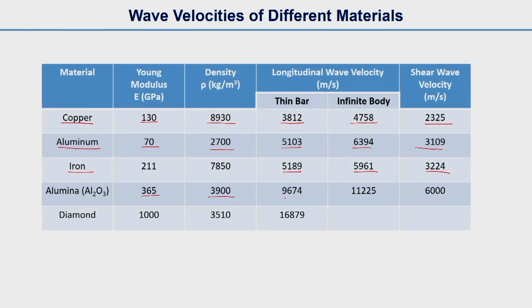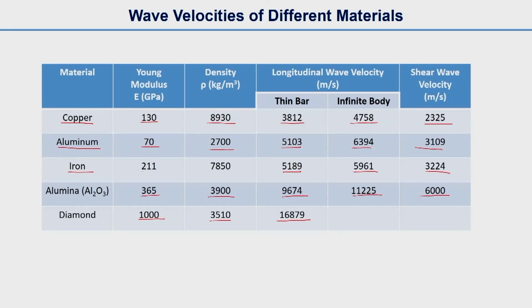This will give us a very high longitudinal and shear wave velocity, 11 kilometer per second for infinite body, and for diamond it is even higher because the Young's modulus is unusually high and density is quite low. This gives us 16.8 kilometer per second for a thin bar. The others we haven't kept the values here.